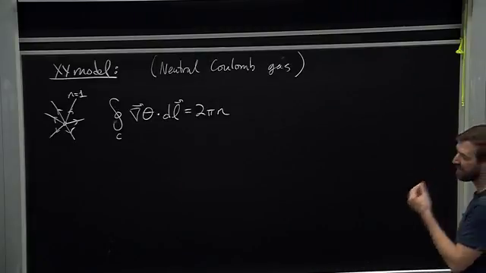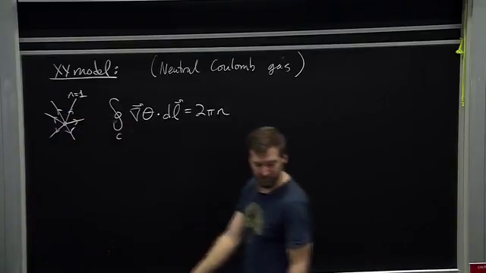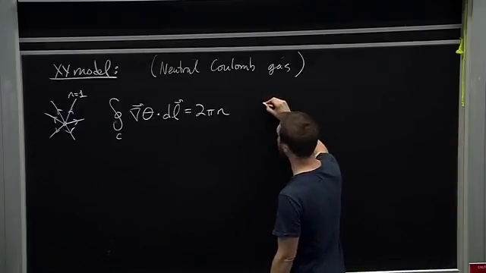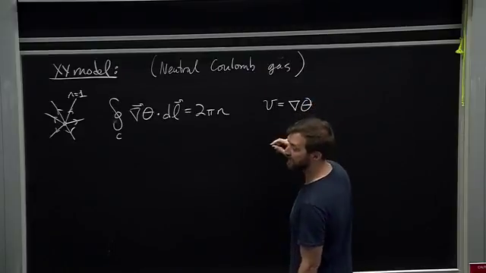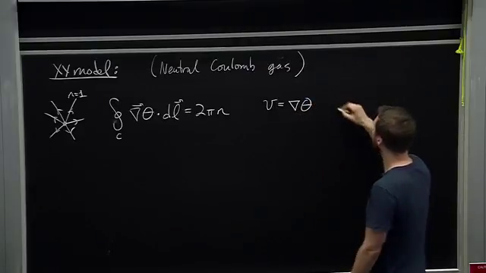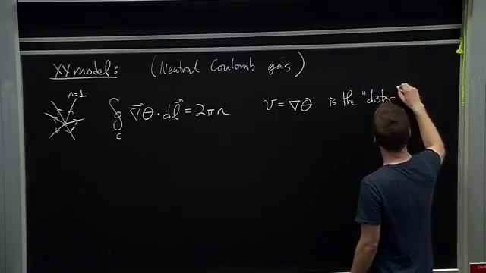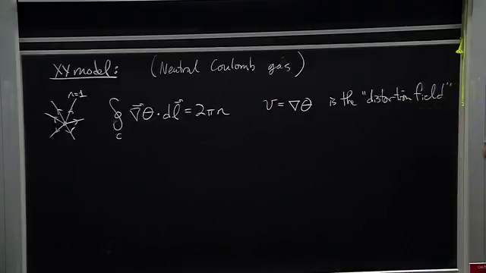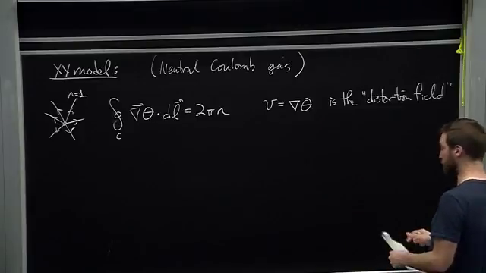And I'm going to use this definition of a velocity. Sometimes it's just called a distortion field. And I'm going to set h bar and m equal to 1. Okay, so just like the velocity field for a massive superfluid, say.